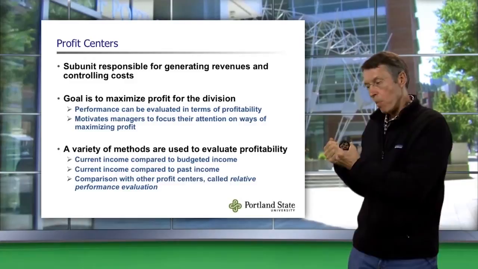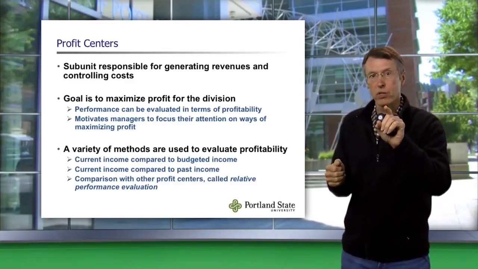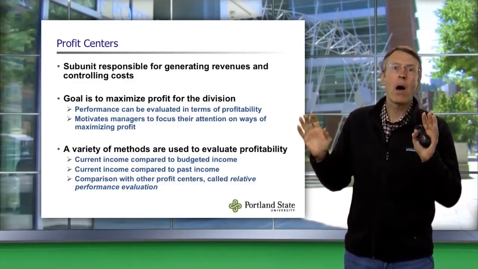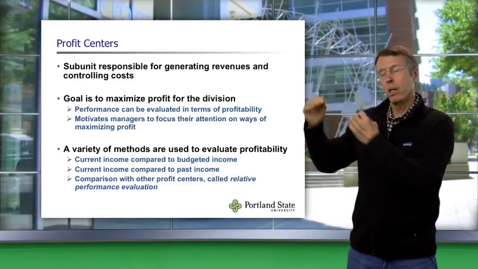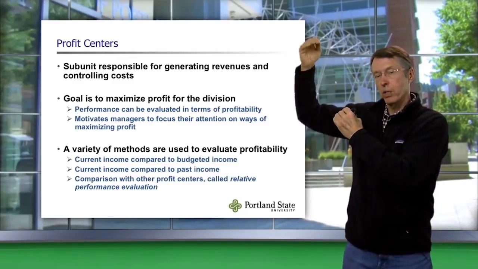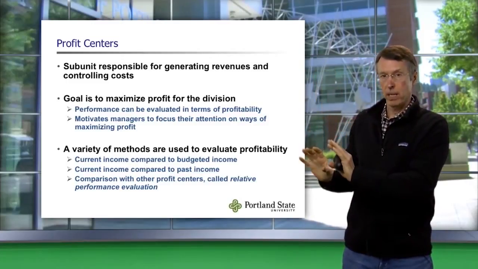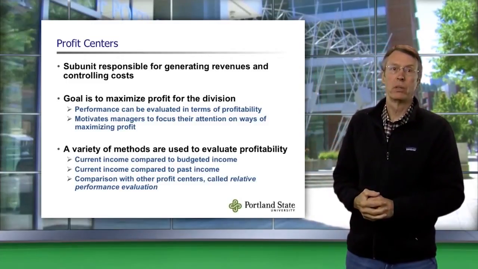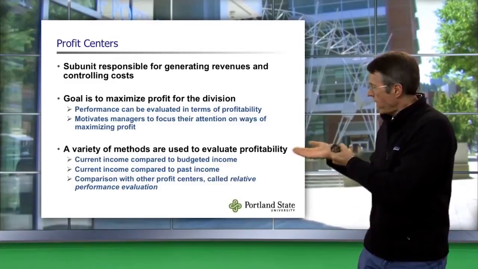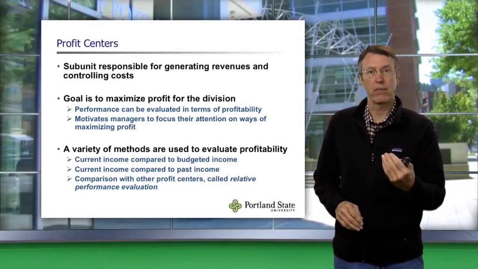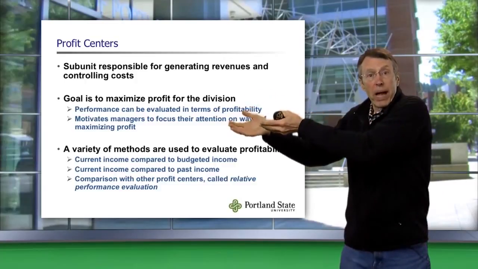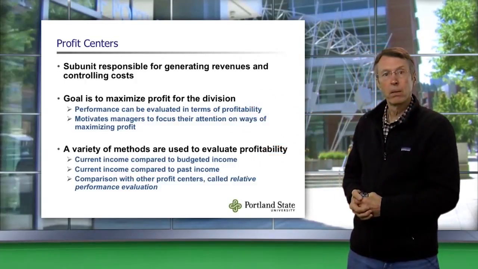What this does is it motivates the managers to focus their attention on how they can maximize the profit, either by increasing the revenue or by cutting or controlling the costs. And in order to evaluate that, there are a number of different ways we can go about that evaluation. We can compare their actual income to budgeted.